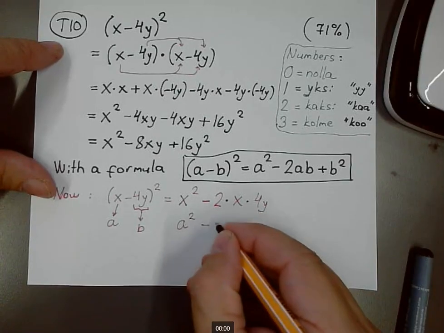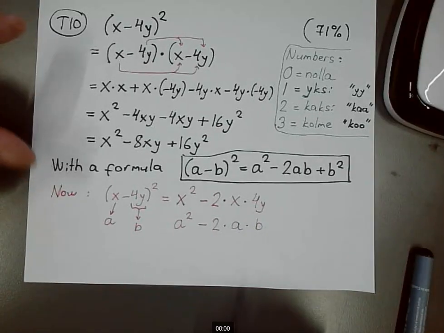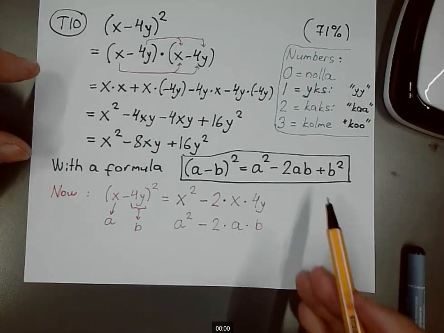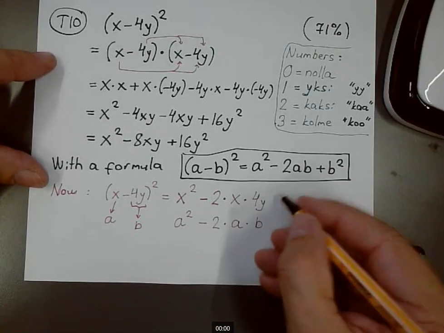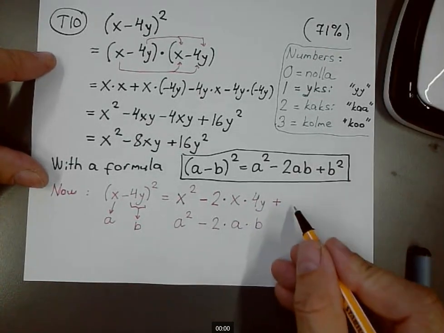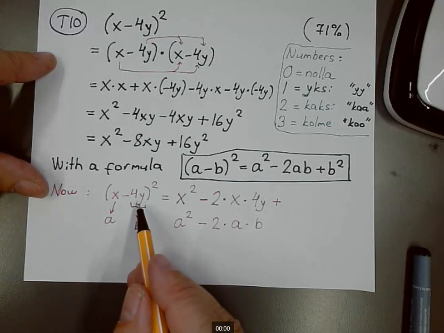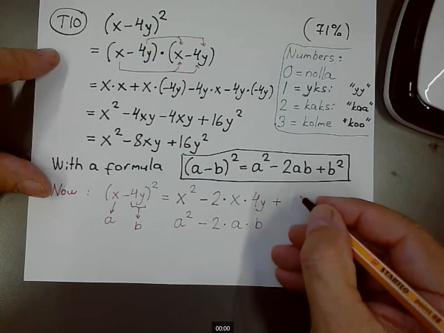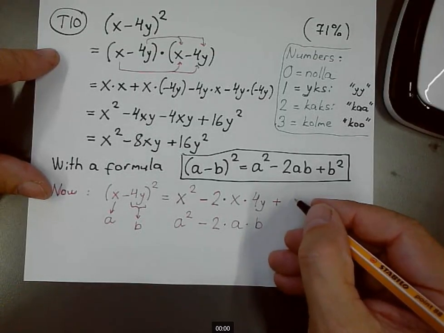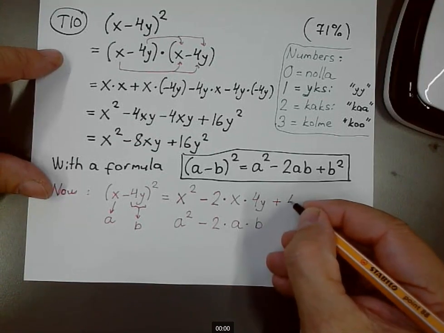So here we have 2 times a times b. And then we have this final part, b squared. So we have plus b squared, and our b is 4y. Now this is probably the most usual error in this kind of problem.